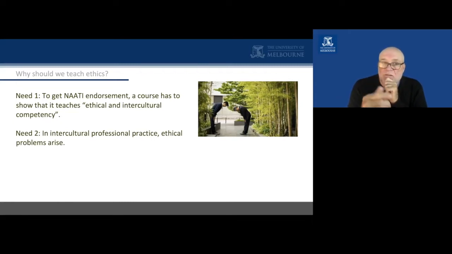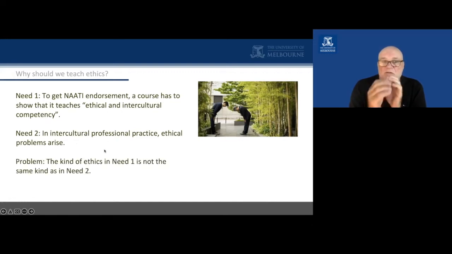And so there's a second need, which is to prepare people for ethical problems in intercultural situations. And that may or may not correspond to the first one. And that's the problem I want to pursue here, that the ethics in need 1, this NAATI Code of Ethics, is often not the same kind of ethics as in need 2.